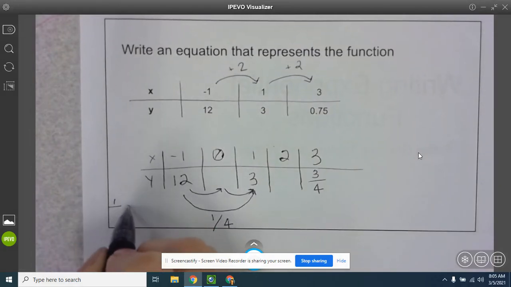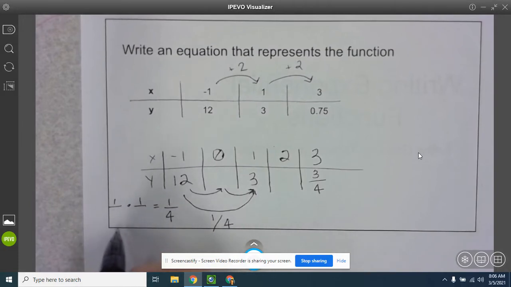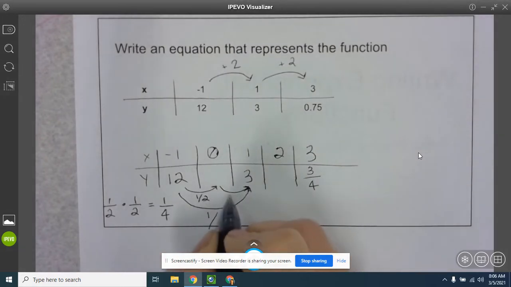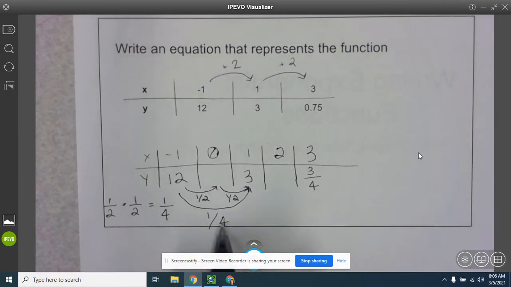What fraction times what fraction gives me 1/4 where both of these denominators are identical? Well, that would be 2 times 2. So I know that this jump was a half and this jump was a half. And then 1/2 times 1/2 would give me 1/4.